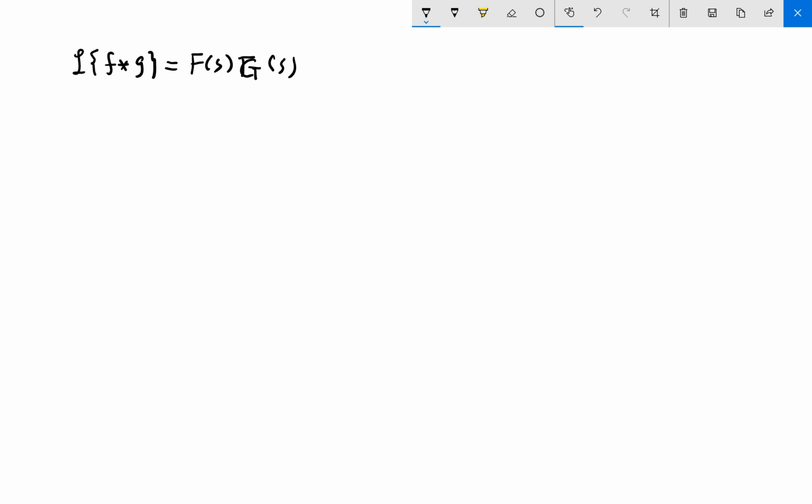And remember, if this is not a convolution, just f times g, this is not equal to the Laplace transform of small f times the Laplace transform of small g. Let me write this again more clearly.